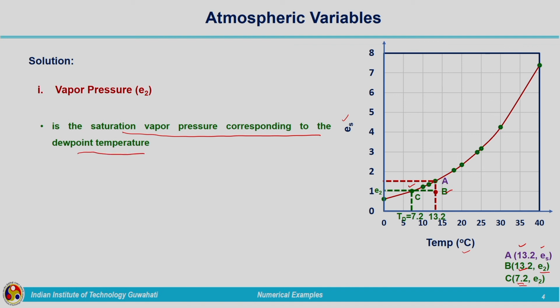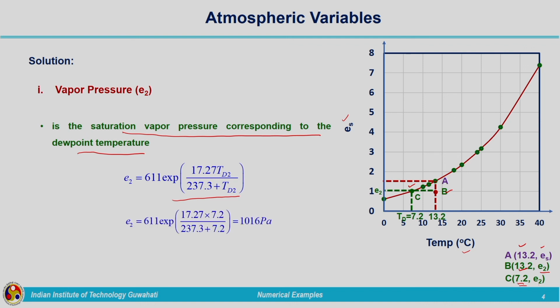Now, we can make use of the exponential equation which we have seen in the previous lecture. E2 is equal to 611 e to the power of 17.27 TD2 divided by 237.3 plus TD2. Why are we putting TD2 there? It corresponds to the dew point temperature. That value of dew point temperature, that is 7.2, we will substitute there.